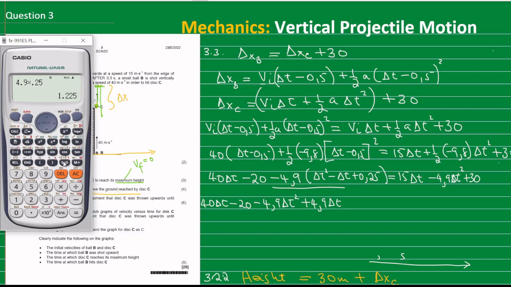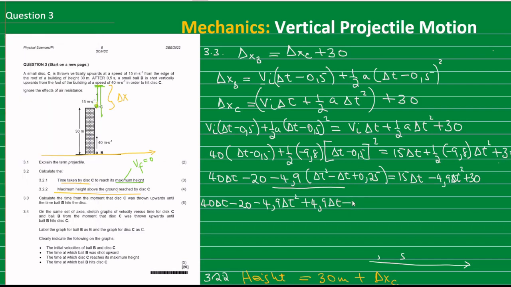What do we have here? 1.225. So this will give us a negative 1.225. This is equal to 15 delta t minus 4.9 delta t squared plus 30, okay.